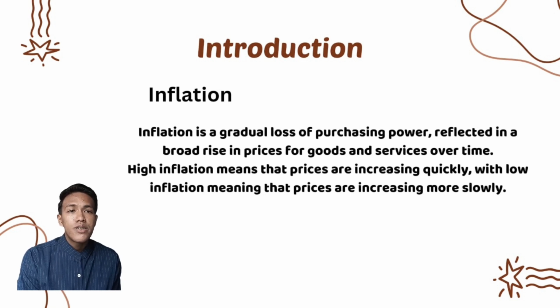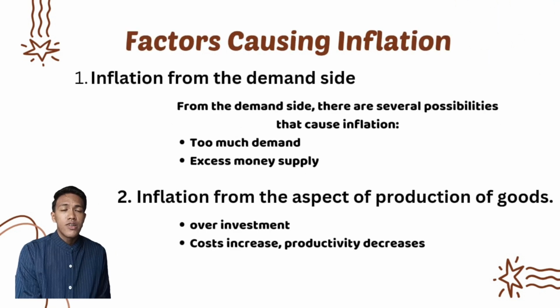High inflation means that prices are increasing quickly, and low inflation means that prices are increasing more slowly. Okay, so there are two main factors causing the inflation. The first one is inflation from the demand side, and the second one is inflation from the aspect of production of goods.